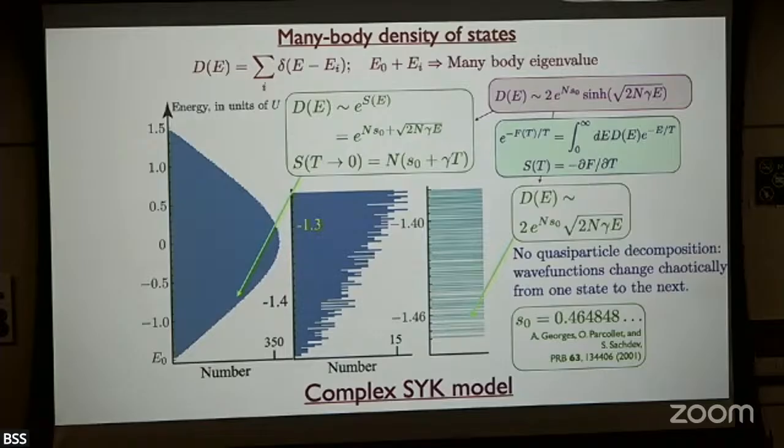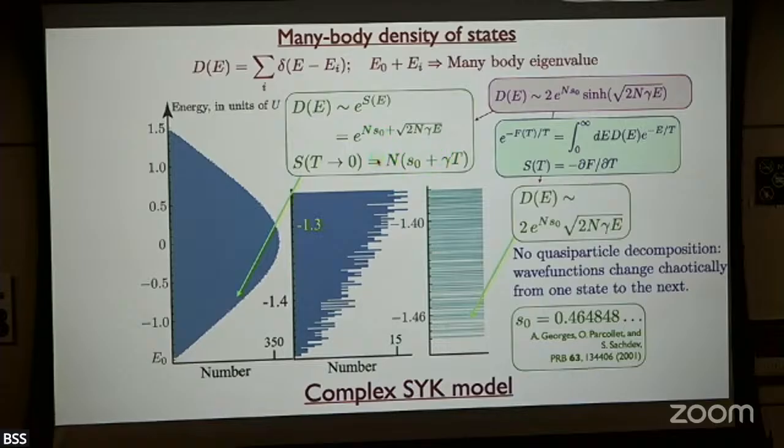Now, first, let's look at what happens when the energy is extensive, and then we look at the bottom of the band. When the energy is extensive, well, again, by Boltzmann, it should be e to the entropy. But when you compute this entropy in the extensive limit, you get the same expression that you get for random matrix theory, except there's a constant, S0.